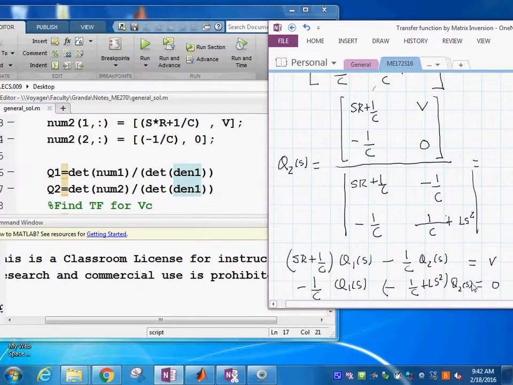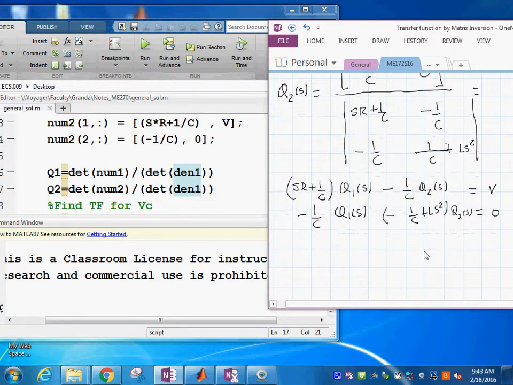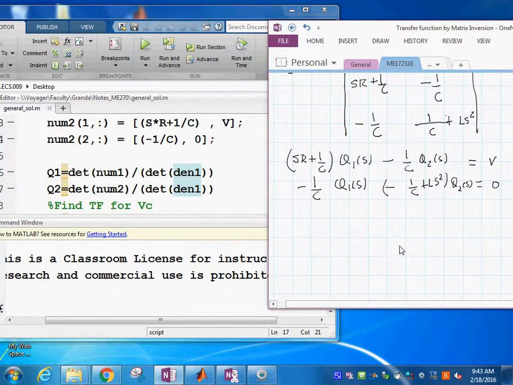Okay, so one way is Cramer's rule, but isn't it true that, let me just go here for a moment, let me make the fundamental argument. This thing is like A times Q1 of S plus B times Q2 of S is equal to, let's call it the constant, C1.